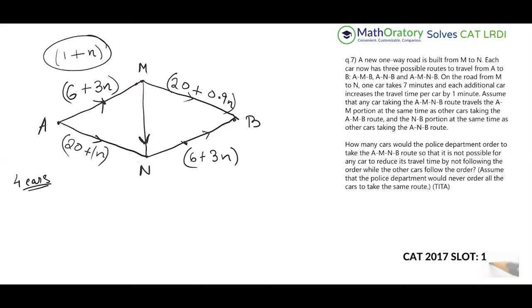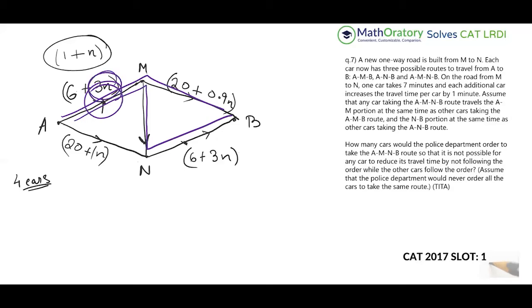So this is there. Now on the road M to N. Okay, this is interesting because of something that I noticed right now. I'll come to this information later on, but this is something I tried. So let me revisit it. If there's a car which is going via AMB, that car is traveling on AM, and even if a car is going via AMNB, even that car is traveling via AM.